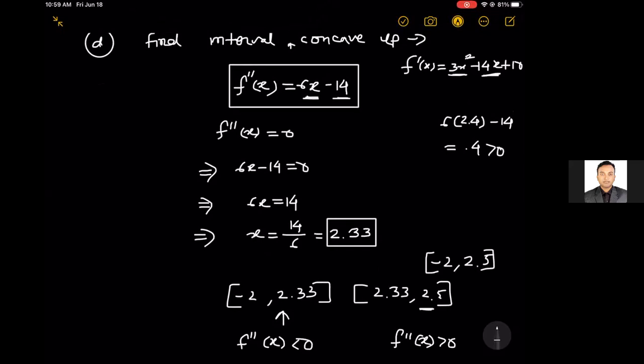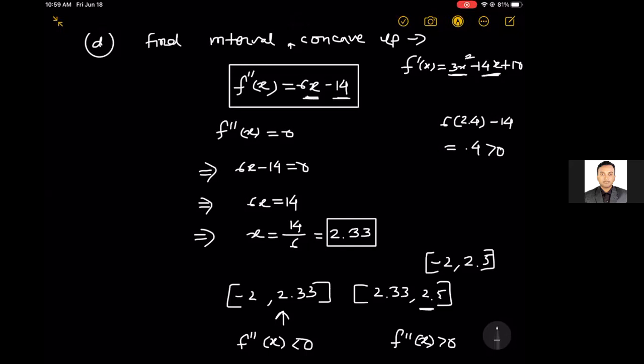Now, using the definition, we know where it is concave up and where it is concave down. Which interval gives us concave up and where can you find concave down? Anyone? Just go back to the definition of concavity.